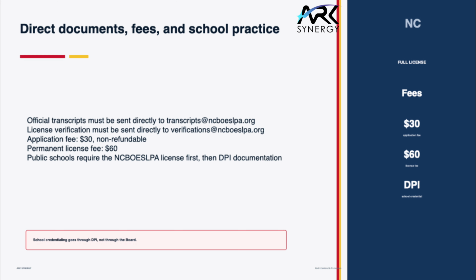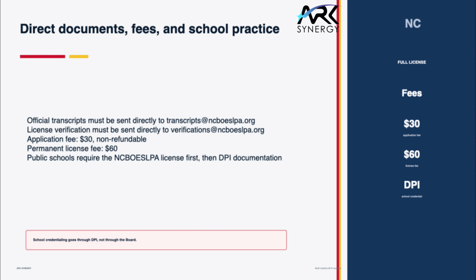Now let's go over the fees. The application fee is $30. It is a non-refundable application fee. And then the permanent license fee is $60. If you plan to work in North Carolina's public school system, there is an extra license that is required first.